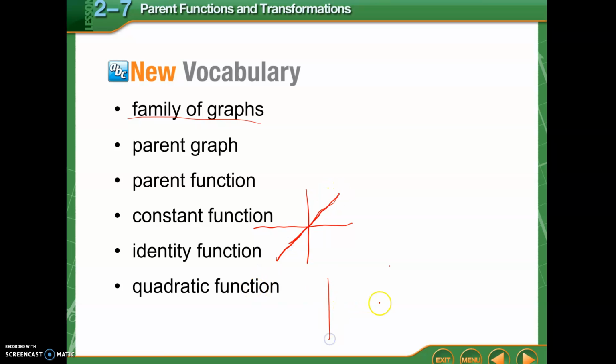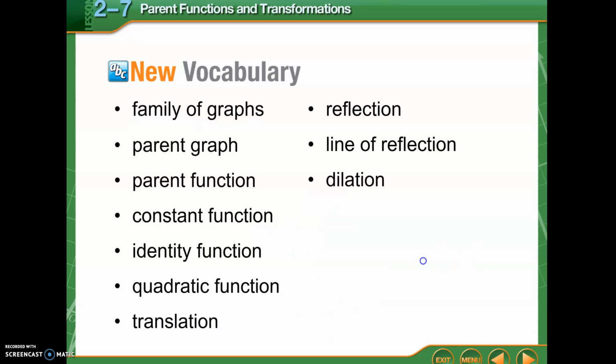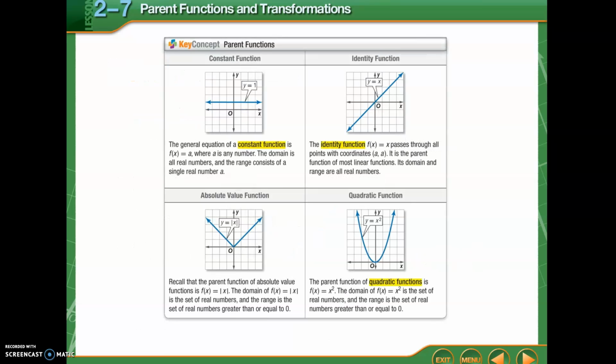The quadratic function, and we're going to look at these on the next page, is going to be like a U shape. And then we looked at the absolute value function yesterday. So what we're going to look at here is first we're going to identify the function type. The constant function has no slope, just a straight line.